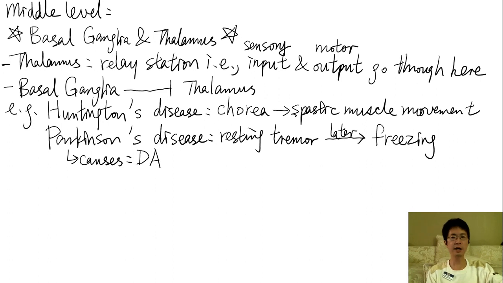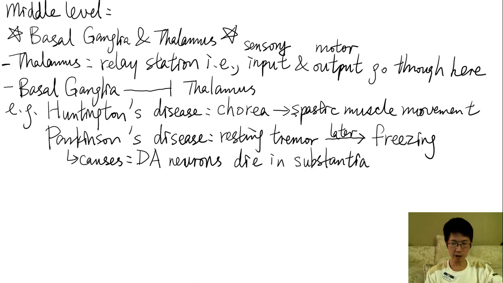Dopaminergic neurons die in a structure called substantia nigra.